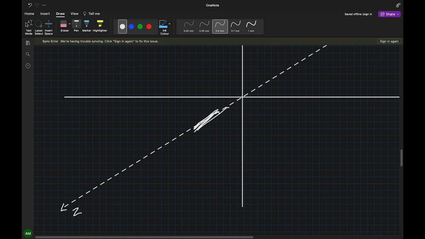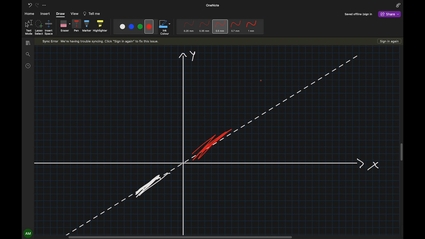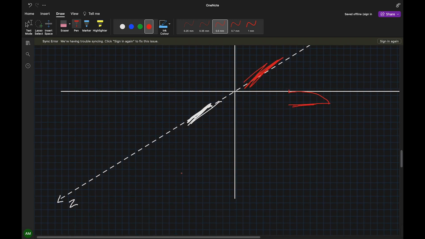This is positive z-axis, and this is negative z-axis. Now keep your fingers, take your right hand, keep your fingers in this direction, curl it towards y. Whatever direction your thumb is facing, that direction is z. That is positive z axis.